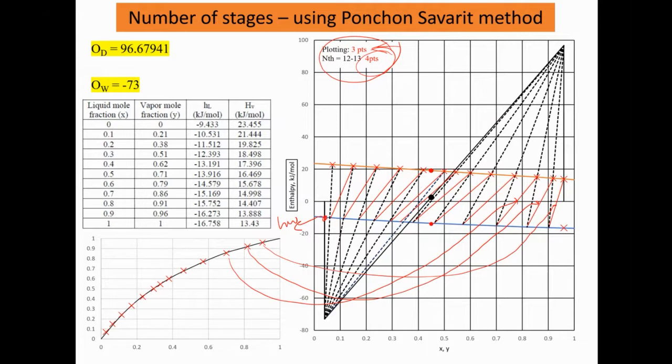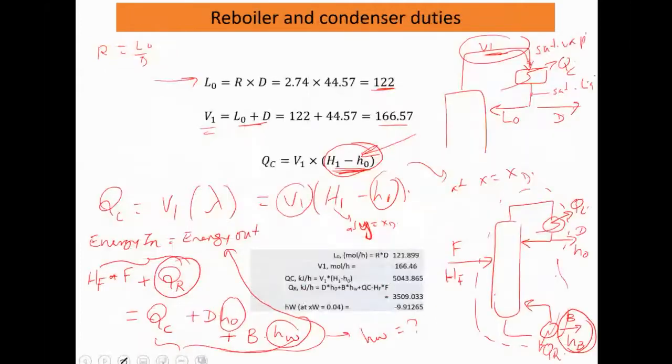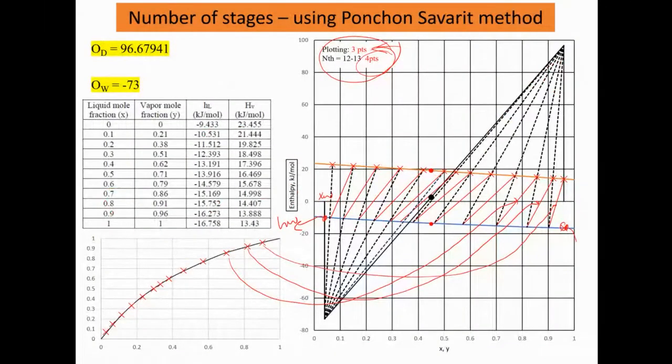Because it's liquid, and it is at this W. If I know that, B is already determined, the flow rate of the bottom and the flow rate of the liquid here. H0 is going to be here. This is going to be H0. H1, this is H1. Okay, that's all. And this is my HF here. They all can be read from this diagram. Clear?